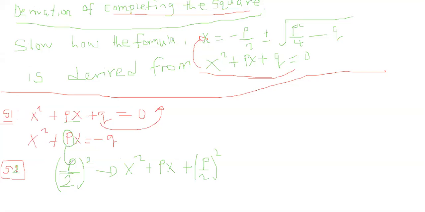You divide it by 2, you put it in brackets, and you square the term. This term here, you are going to add it to the equation.